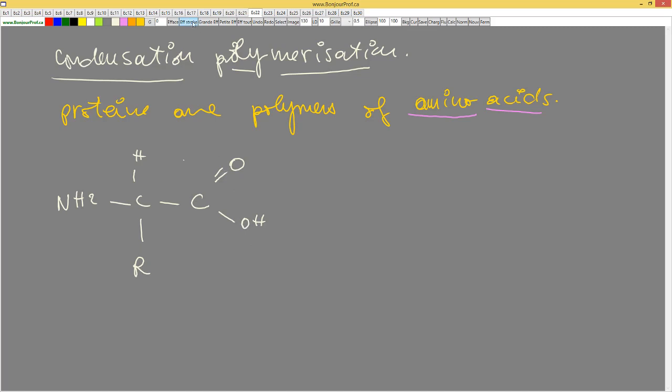So go back again to the course that we did for the functions. You have to be able to recognize. That's why we call this one amino acid, because it has a function of amine and amino, and it has a function of acid. So the R here, when you change the R, you change the kind of the amino acid.